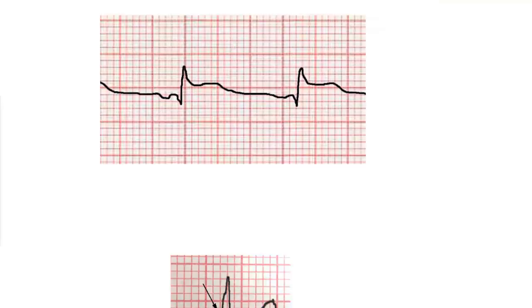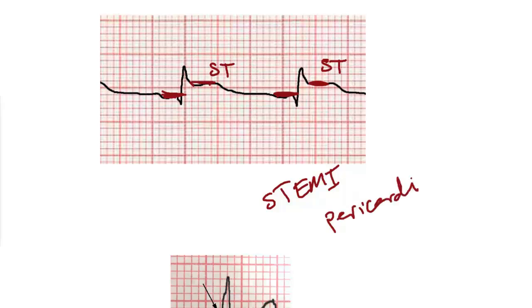All right, first condition. What kind of EKG anomaly do we see here? So you can see that there is an ST segment elevation in these patients. And what conditions can present with the ST segment elevation? We discussed it could be STEMI, where there would be a ST segment elevation in certain leads depending on the location of myocardial infarction, or we can see that, for instance, in pericarditis.